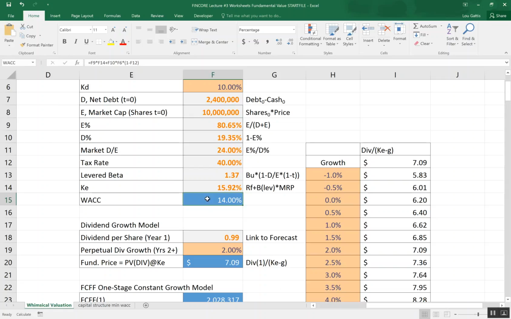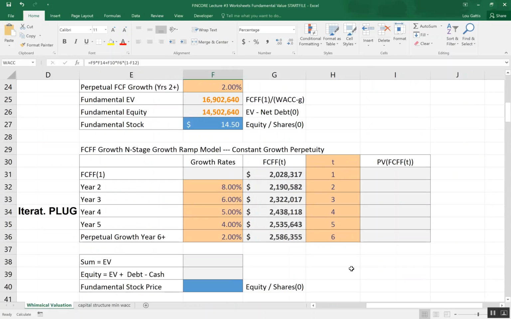Now I can always reference that cell by using the name WACC. So what I can say is the present value of $2 million divided by 1 plus WACC raised to the 1 power. I would pay $1.8 million for next year's cash flows.